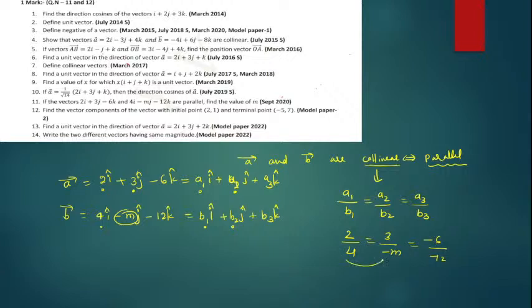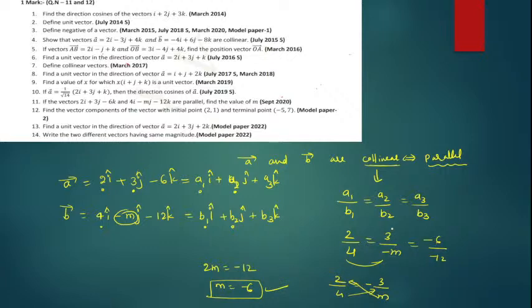Compare any two of these. So 2 by 4 is equal to minus 3 by m. By cross multiplication, you will get 2m is equal to minus 12, and m is equal to minus 6 simply. So m into 2 is 2m, 4 into minus 3 is minus 12, therefore 2 sixes are 12, and you will get the m value as minus 6.